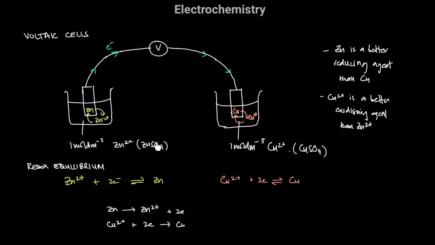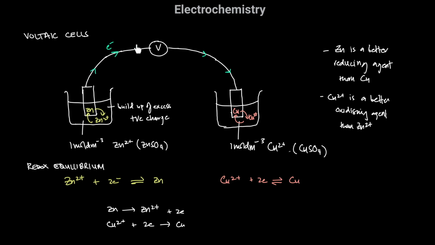We have the same amount of sulfate ions; they're essentially spectators here. So the concentration of Zn2+ increases, and we can say that there is a buildup of excess positive charge in this solution.